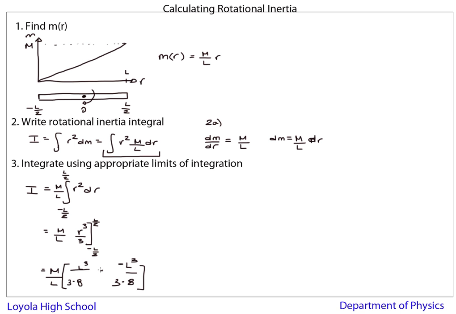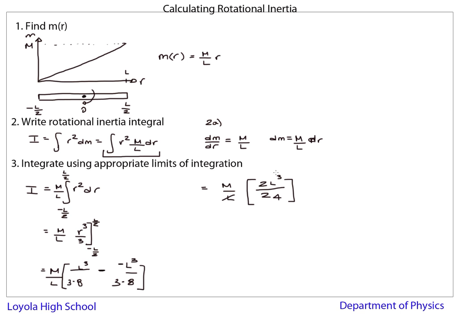So I clean this up a little bit. This becomes M over L times the quantity, and these are going to add here, so I get 2L cubed over, and the common denominator here is 24.